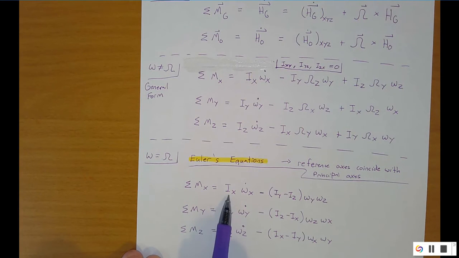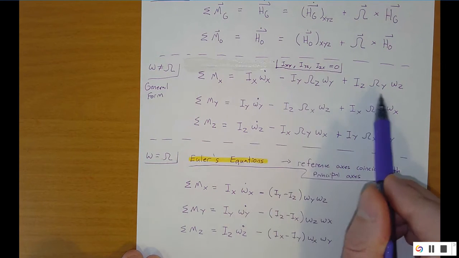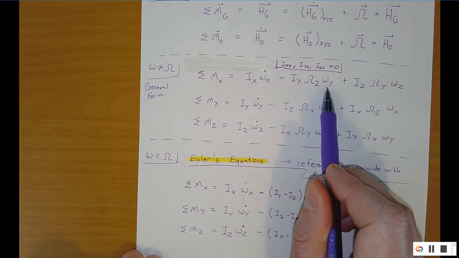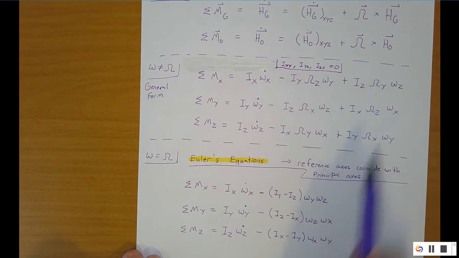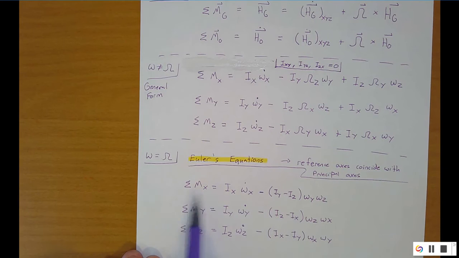So we still get our Ix omega x dot, but now, since omega is alpha, these back terms combine, so that you get omega z omega y terms. So we would combine those, and then you get this minus quantity kind of thing. And if you want to distribute that minus and make this plus, you can. But this is just how the book has it written. So this is ideally what we want to use. This is our simplest equation.